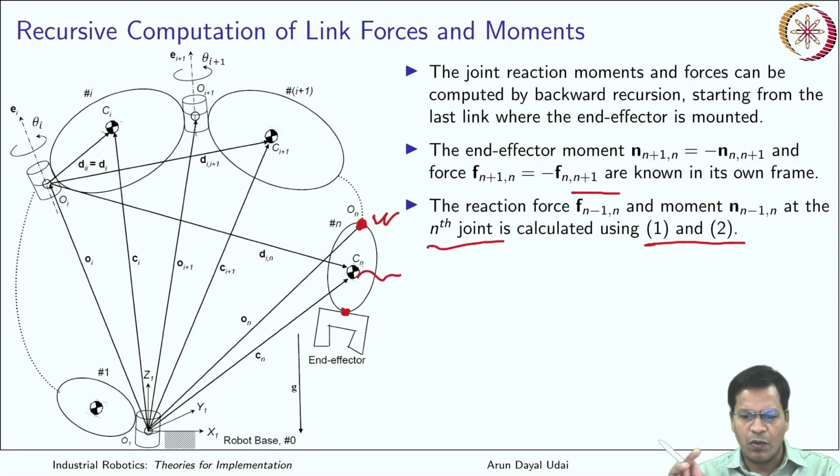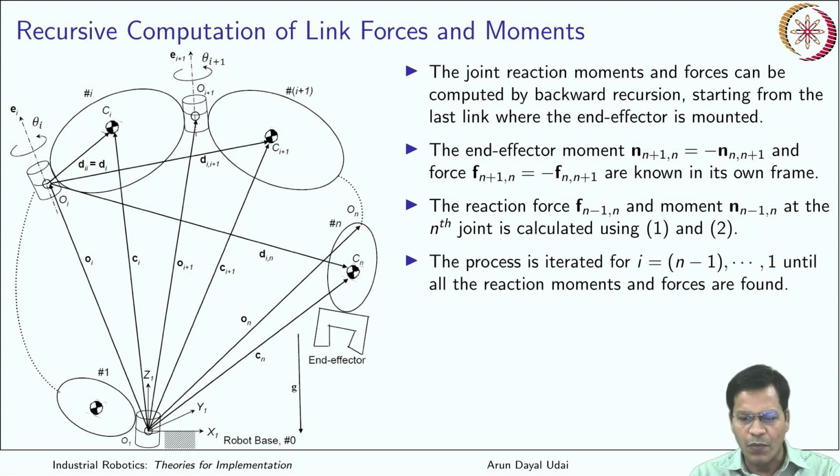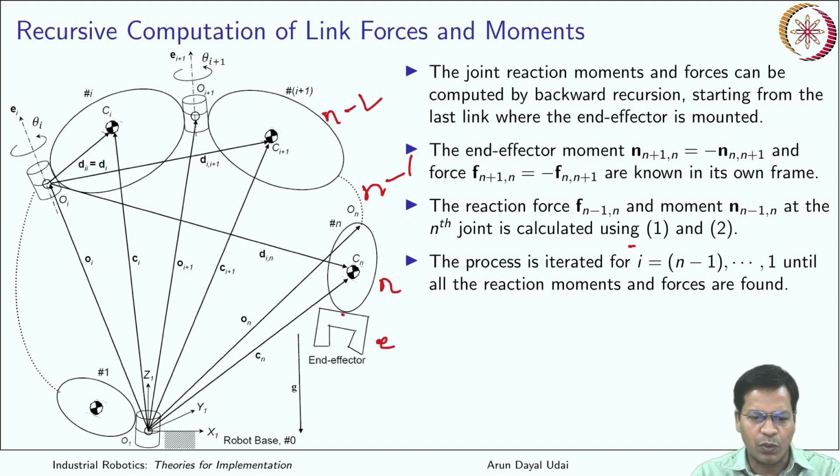Okay, so you have now used these two equations to find out what are joint force and moment that is going to come here. The process is iterated backward now. You started with end effector, you did first for the nth link, then you do for the n minus 1, n minus 2 and so on, in a backward manner till the first link.